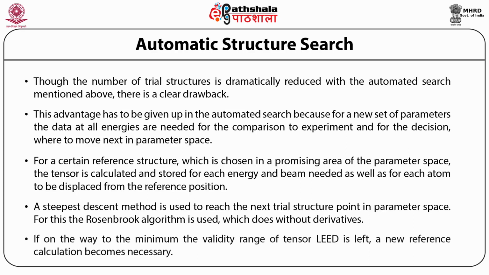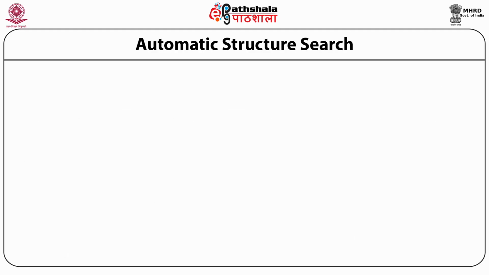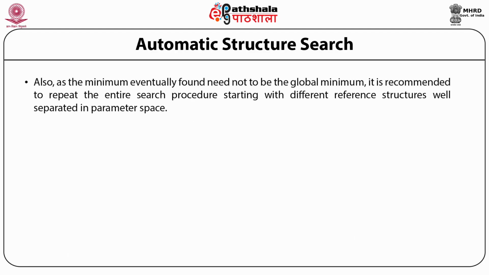If on the way to the minimum the validity range of tensor LEED is left, a new reference calculation becomes necessary. Also, the minimum eventually found need not be the global minimum. It is recommended to repeat the entire search procedure starting with different reference structures well separated in parameter space.